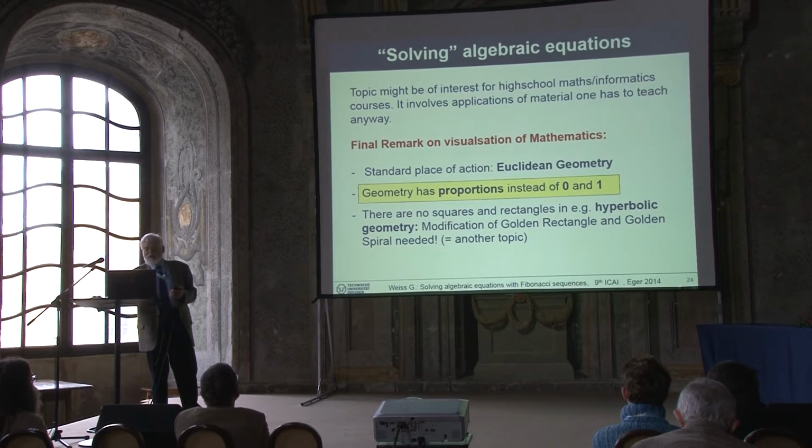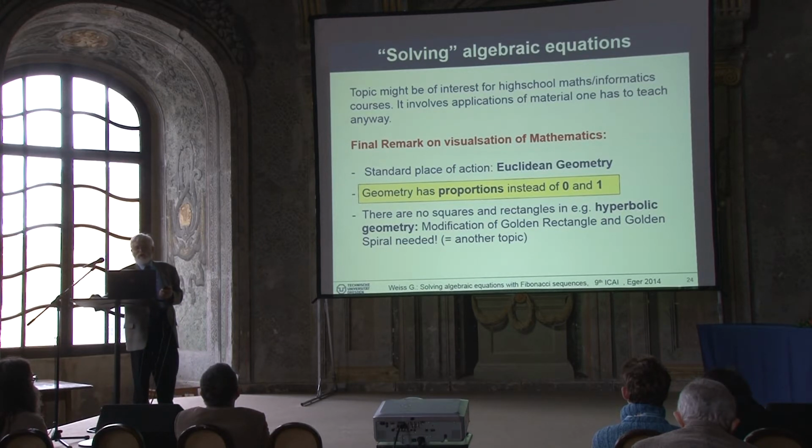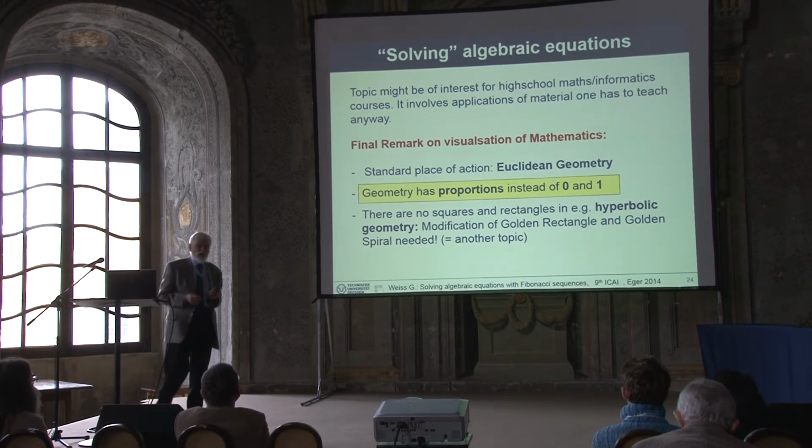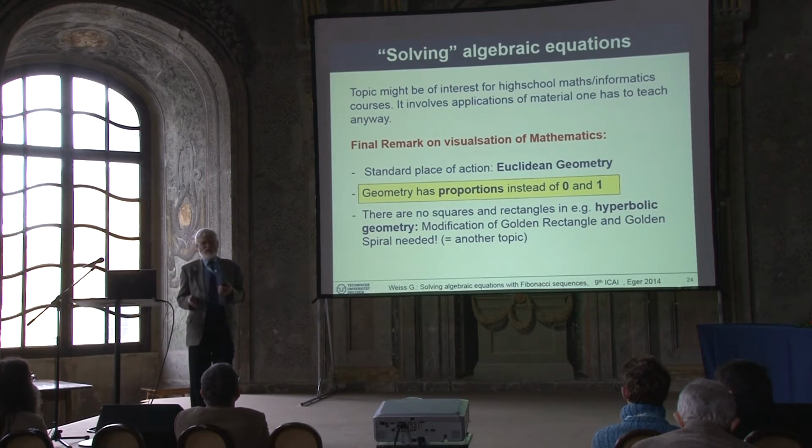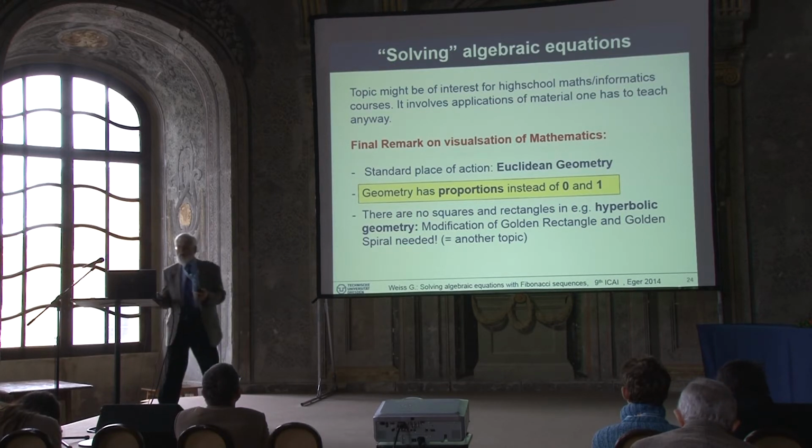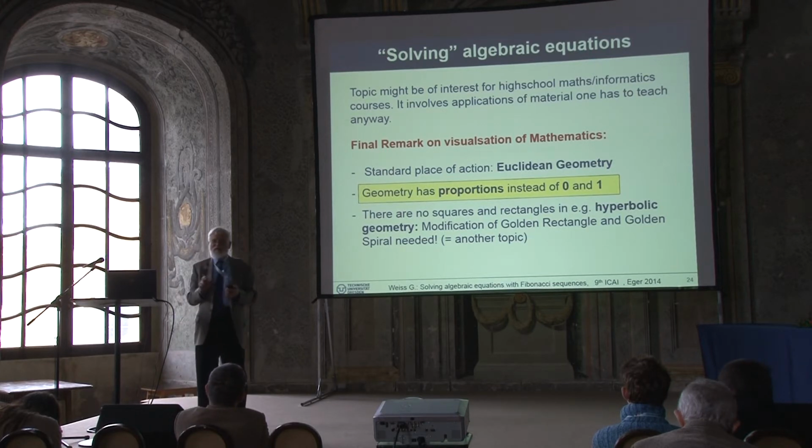Final remarks. The standard place of action is always the Euclidean geometry. Why? Because when people attend primary school, their world is Euclidean. There is a big difference between mathematics and geometry. Mathematics has 0 and 1, informatics too, 0 and 1.